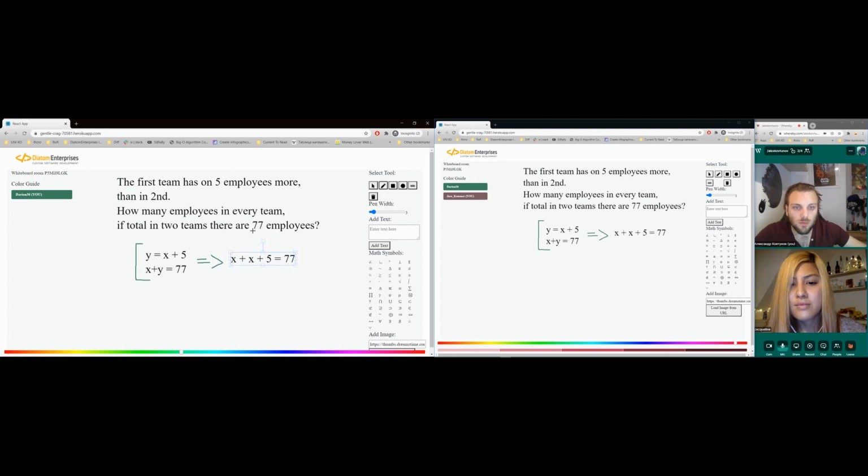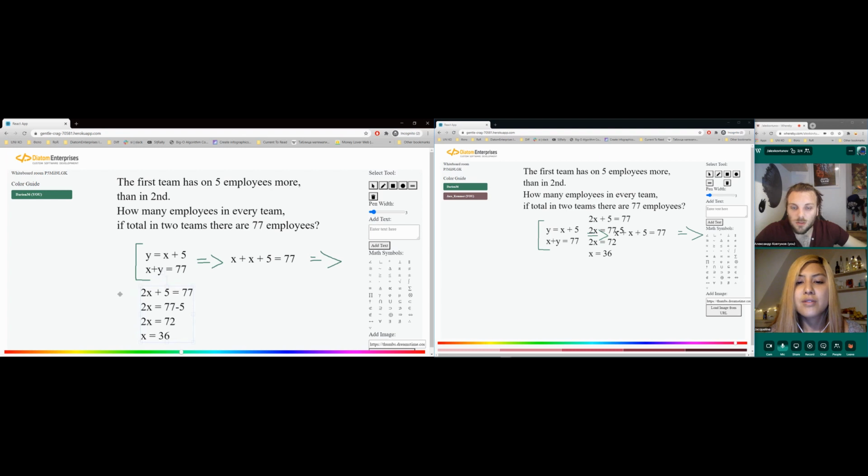And that follows that 2x plus 5 is equal to 77. 2x is equal to 77 minus 5. 2x is equal to 72. And then x is equal to 36.